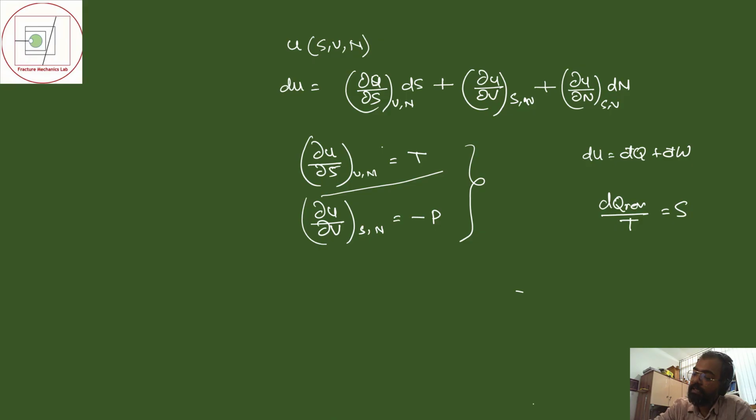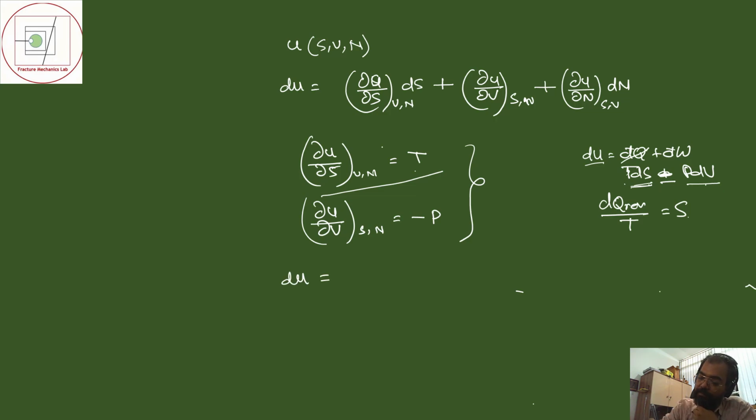So this dQ becomes T dS, and dW becomes minus P dV, whether we are talking about gases, liquids or solids. So if you keep volume constant, this goes away and you get del U by del S at constant volume is equal to temperature, and that's how it becomes the definition. And del U by del V, if you keep S constant, becomes minus P. So these are the two equations, and basically we'll get that equation only.